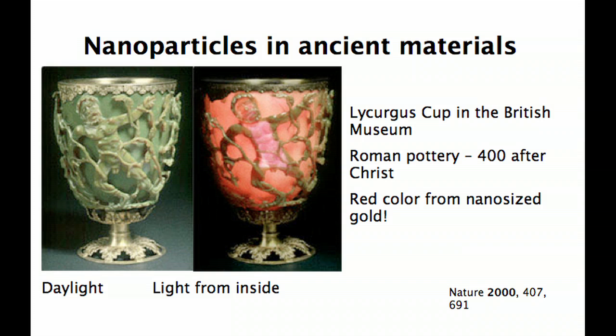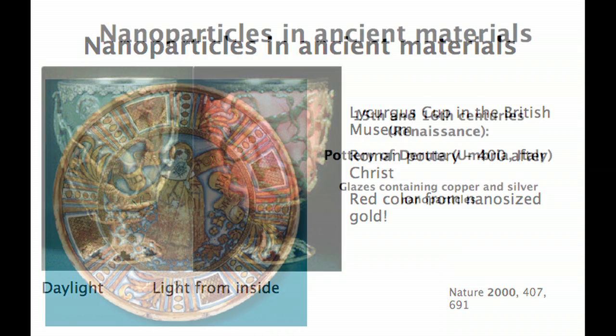Nano-sized gold particles do not look like gold, the golden color. Rather, they have very specific properties. And this is one example of nanotechnology, if you like, in Roman times.